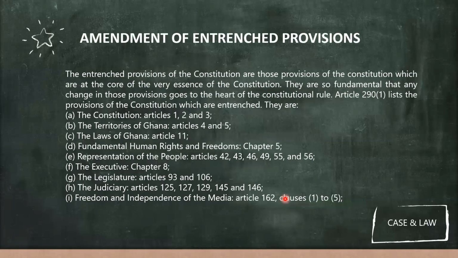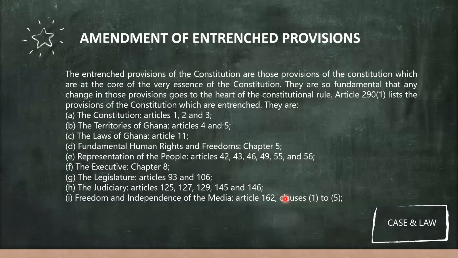Good. So some of the entrenched provisions are Article 1, which is important. Article 2 talks about going before the Supreme Court if you believe that something is being done that contravenes the constitution. I mention Article 2 because it is very popular in constitutional law: if a person alleges that an act of parliament contravenes or contradicts the constitution, you can go to the Supreme Court.